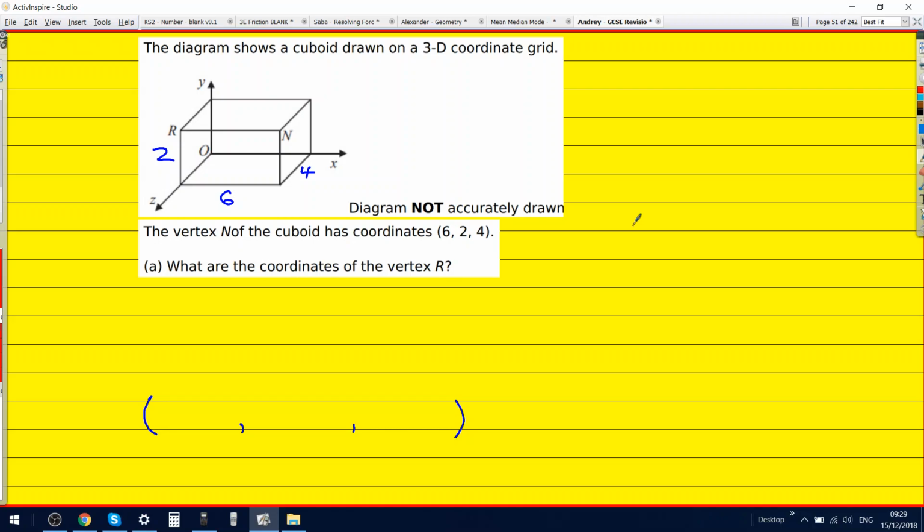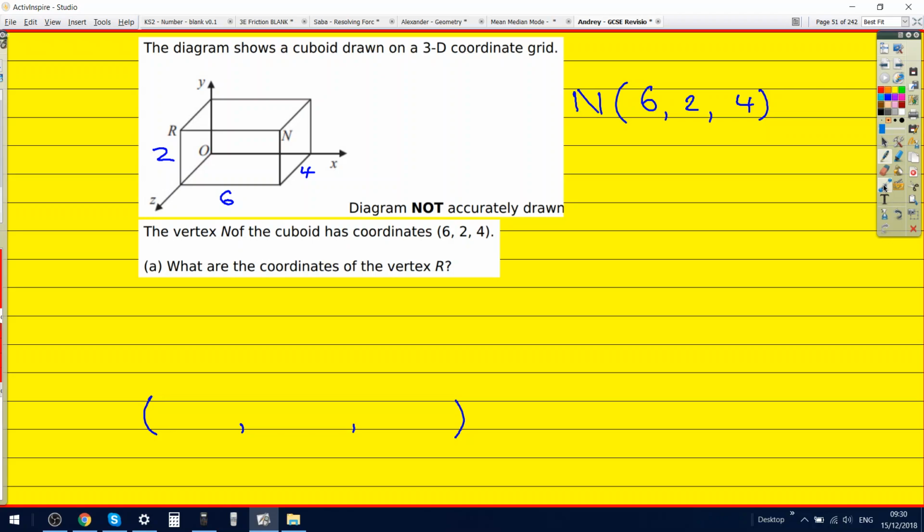So the coordinates of the vertex are like 6. Wait, sorry, so did you say to try and do from like N to R?